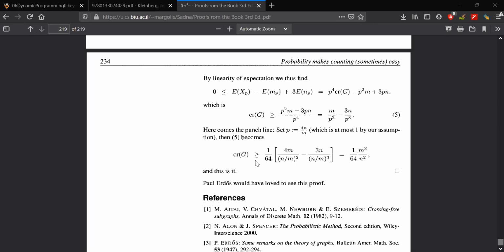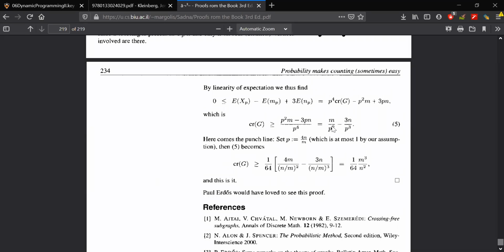I agree, this is of course not the best possible bound. But given that probabilistic equation, the least I could do is maximize equation 5 with respect to p. Yeah, that completely makes sense. If you're trying to maximize this, that is what I did. That is completely fine, this is the way to go. You ideally want to maximize this side.